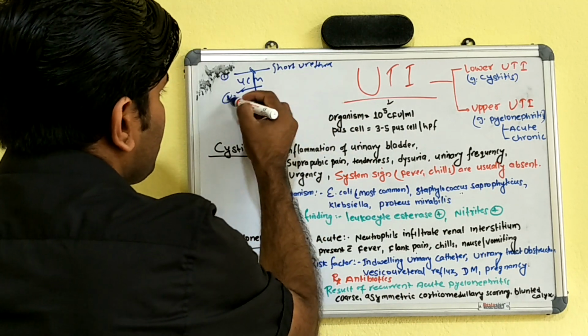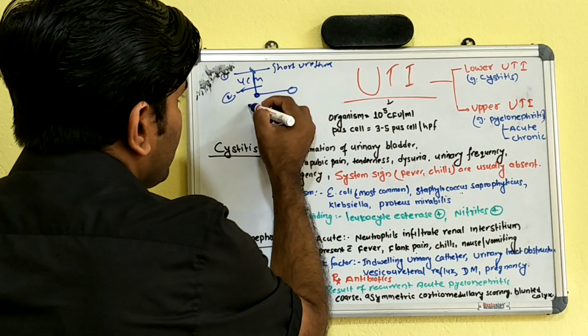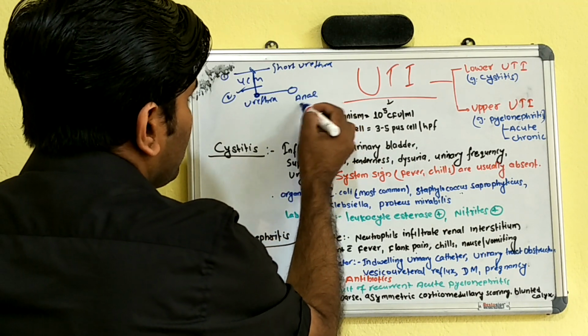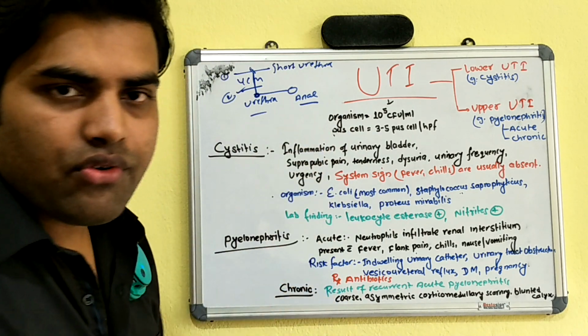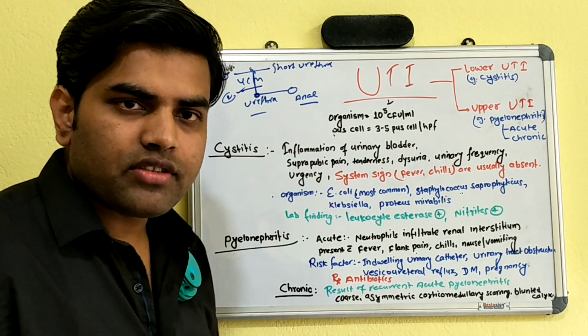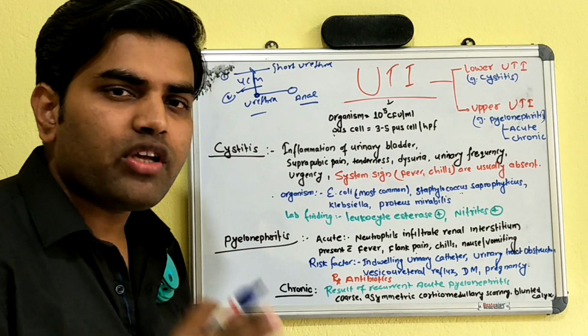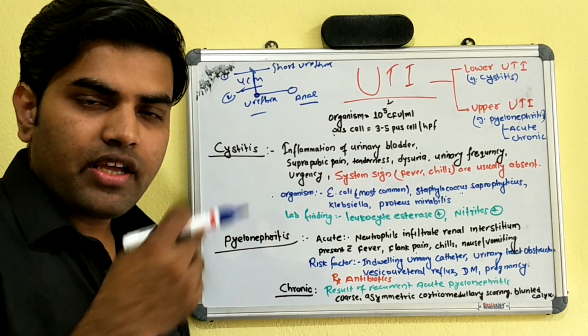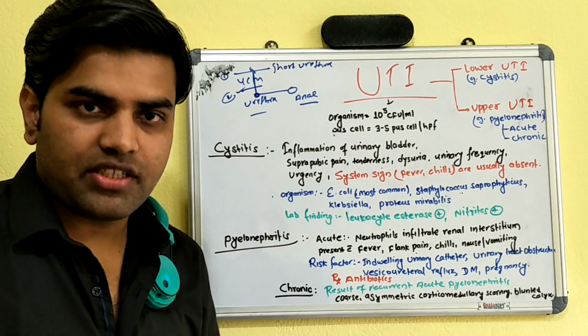Another point, besides the short urethra, is close proximity to the anus. This is the urethra and this is the anal opening. Our GI tract, our colon, is composed of millions and millions of bacteria. Even 1 gram of stool contains millions of bacteria.